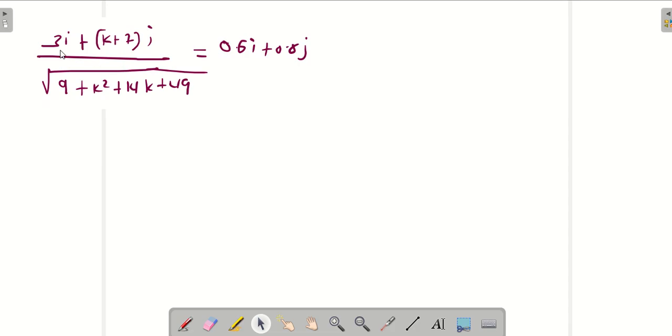Okay, so we have 3i plus (K plus 7)j all over this. So let's simplify. We have 3i plus (K plus 7)j all divided by, 49 plus 9 is what? 50?